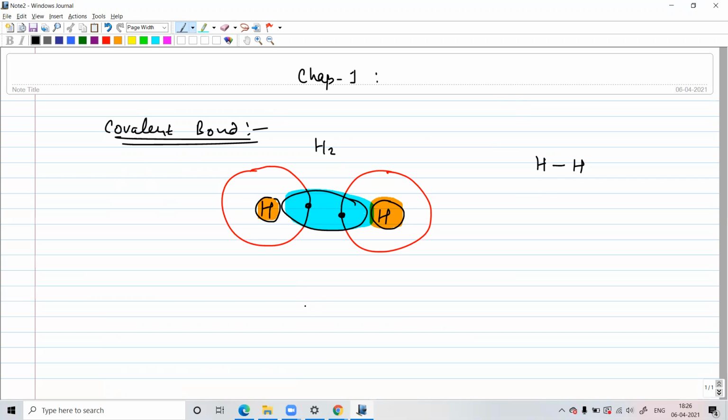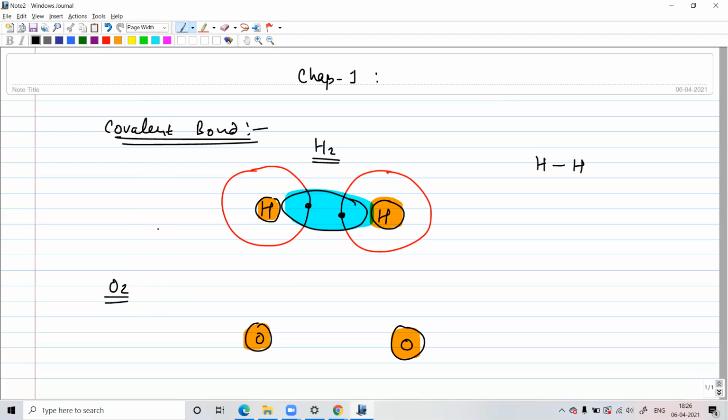Another example will be oxygen, O2. For oxygen also, there are two oxygen atoms, and both oxygen atoms make covalent bonds with each other. So this is the nucleus. Around the nucleus, what is the electronic configuration of oxygen?